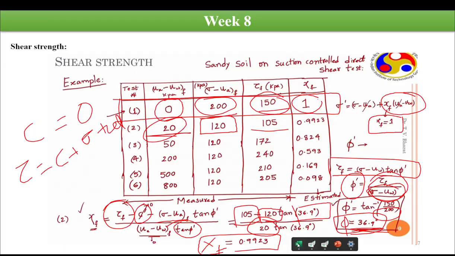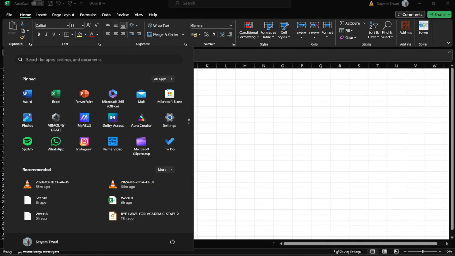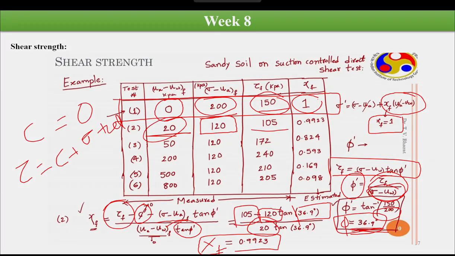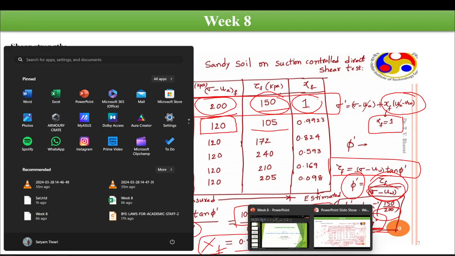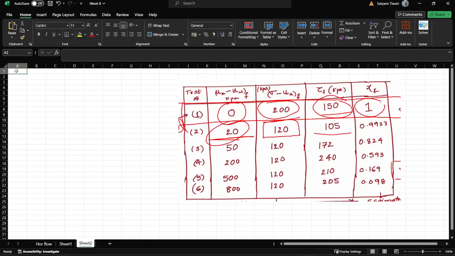So let's jump here and make a new spreadsheet. We will copy these values. So we'll write the test number here. Then we will write this ua minus uw in kPa.